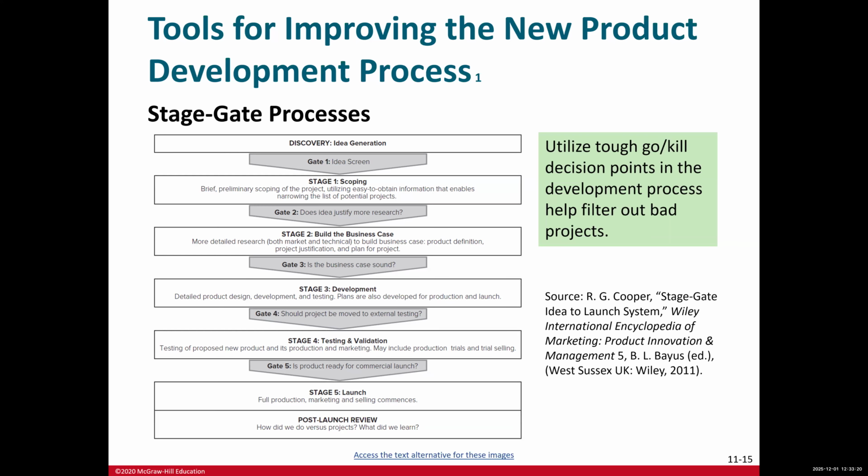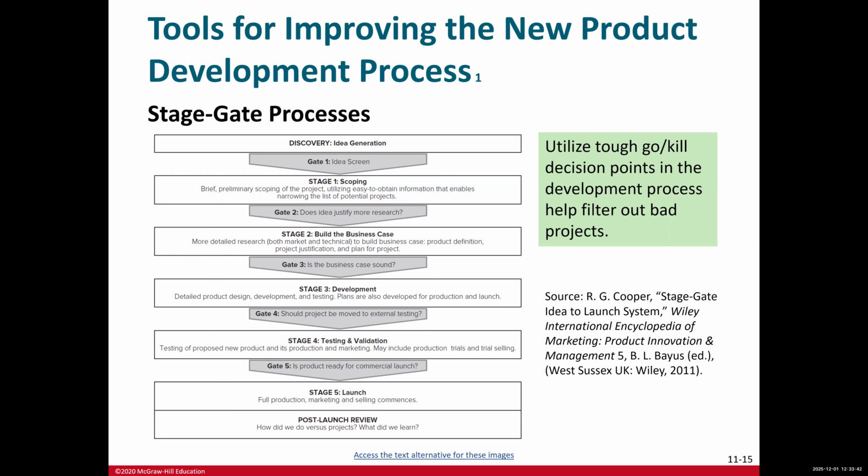As you can see, in idea generation, that we already have talked about, you go through that and go to stage 1 for scoping after discovery, and say, okay, gate 2 is: does the idea justify more research or not?